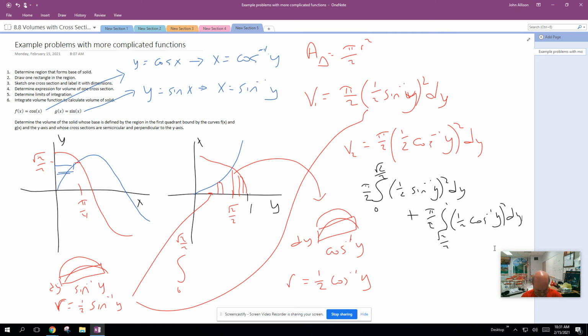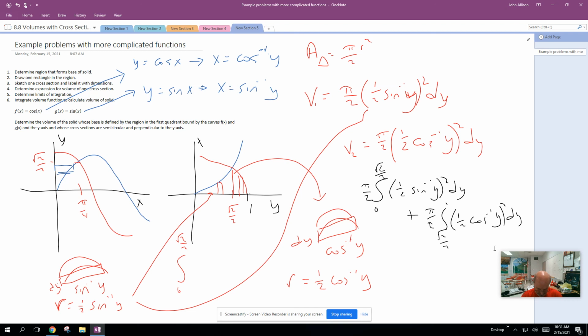Again, in the calculator, we're changing it to x's. Plus, now the integral. Math 9 from the square root of 2 over 2 to 1. And this is going to be 0.5 cosine inverse x.